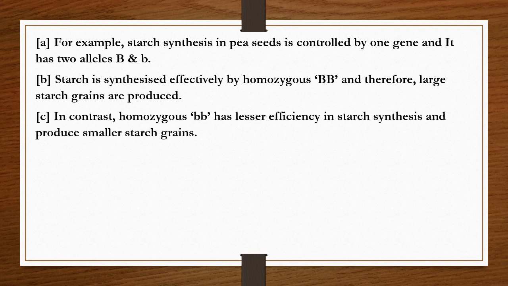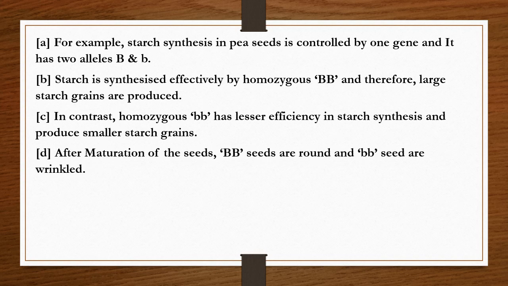Homozygous small b gives less starch, smaller in size. So that means here capital B is dominant over small b. After maturation of the seeds, capital B seeds are round and small b seeds are wrinkled due to the amount of starch synthesis.